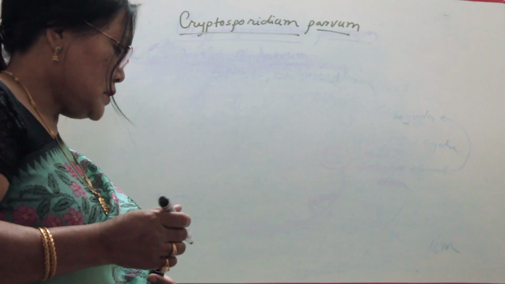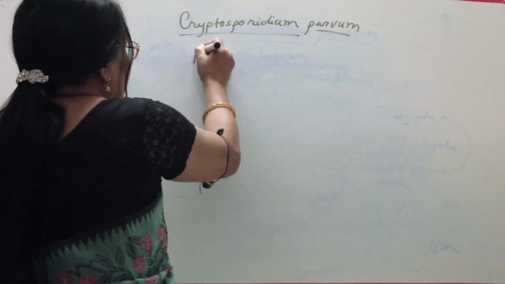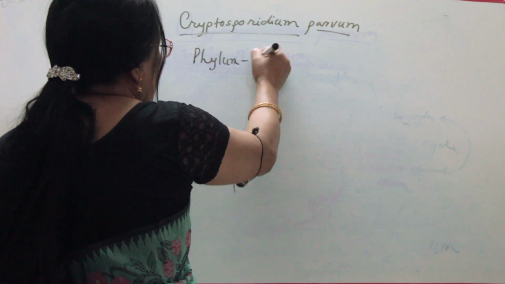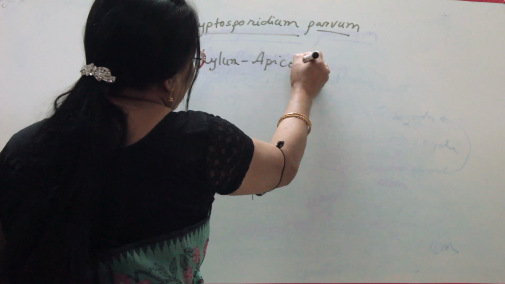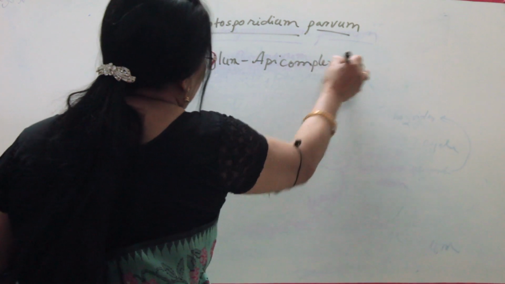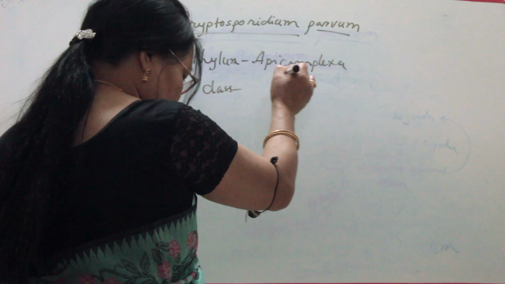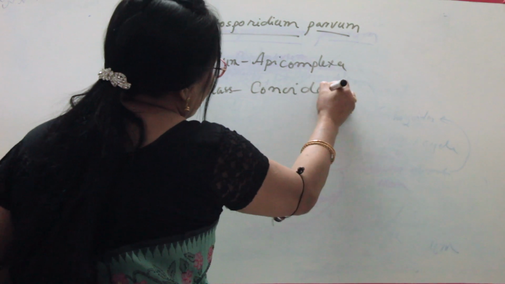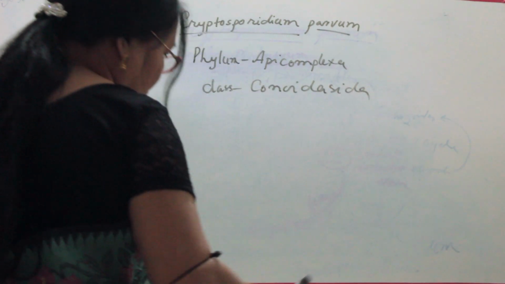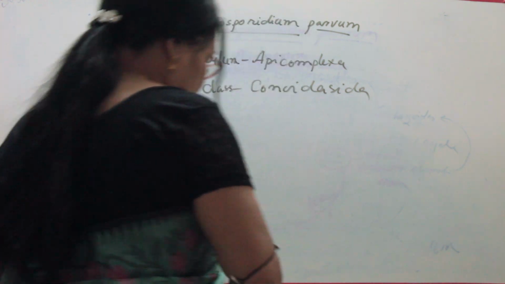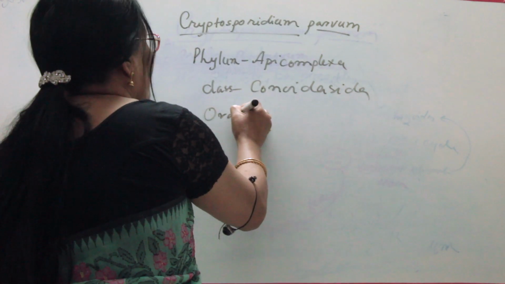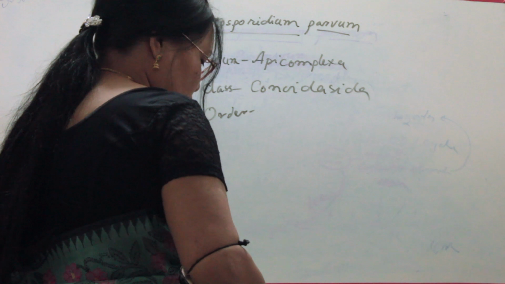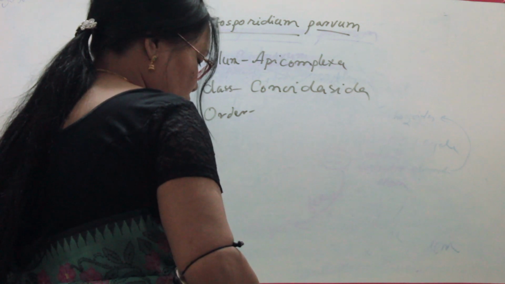Their systematic position is: phylum Apicomplexa, class Conoidasida, order Eucoccidiorida.